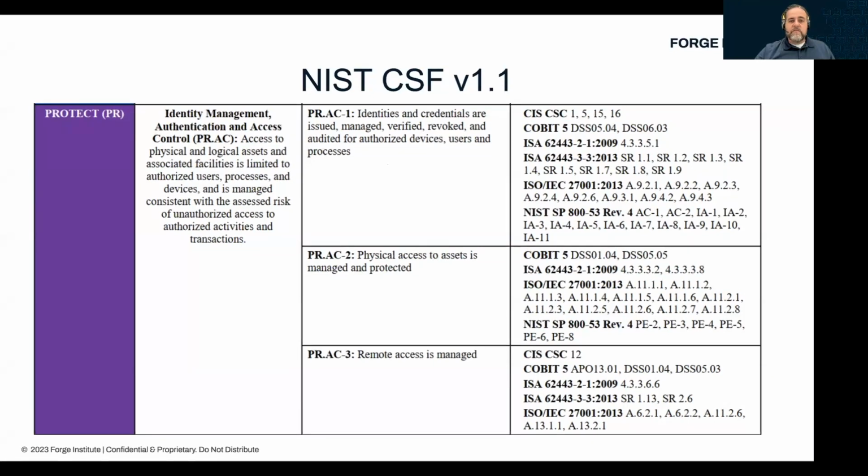We have a process for periodically reviewing the accesses granted to them and making sure they are appropriate. And we have a process for removing those accounts and accesses when changes happen, such as termination or a transfer or something like that. So we've got a mix of processes here, and a mix of some technical controls as well.